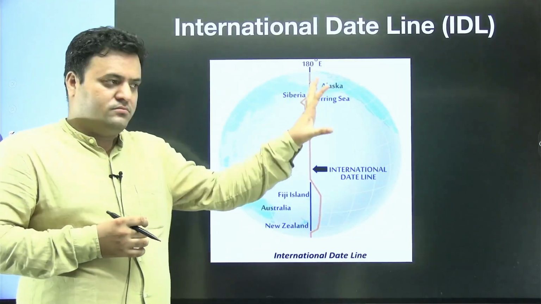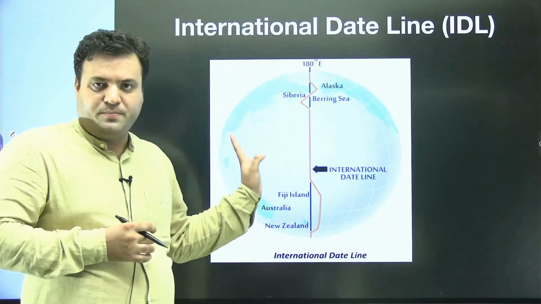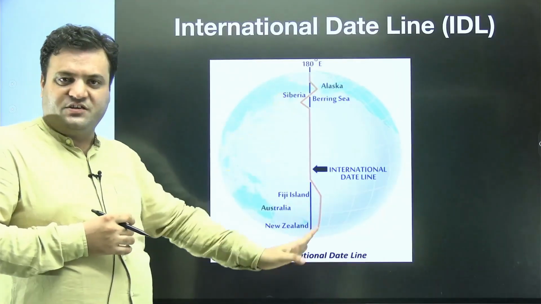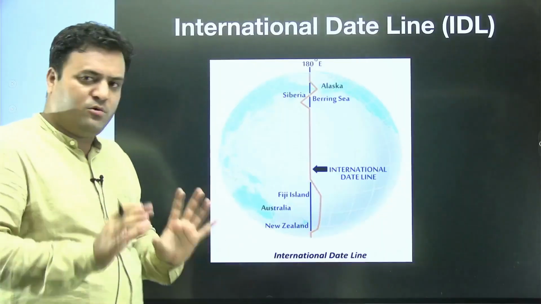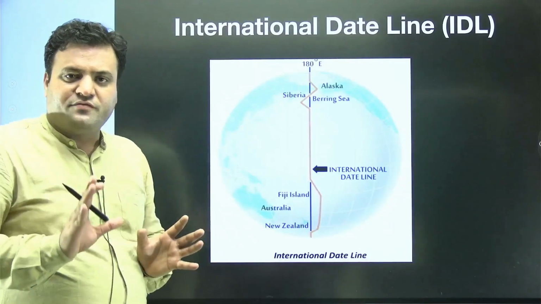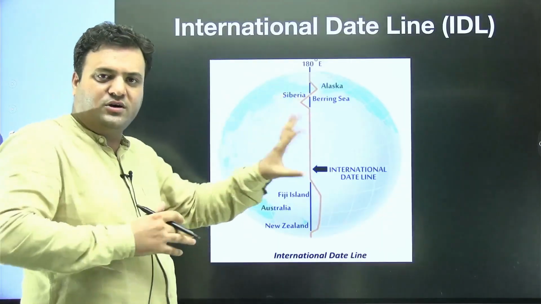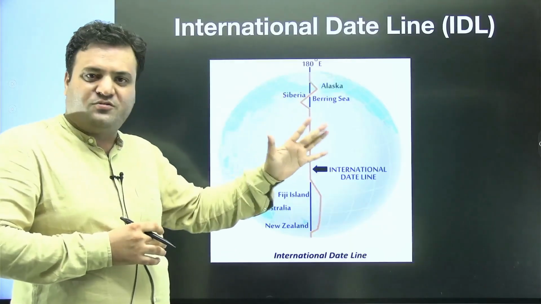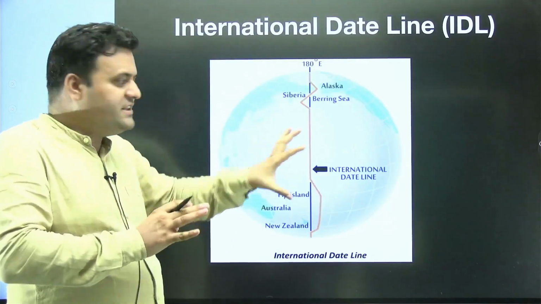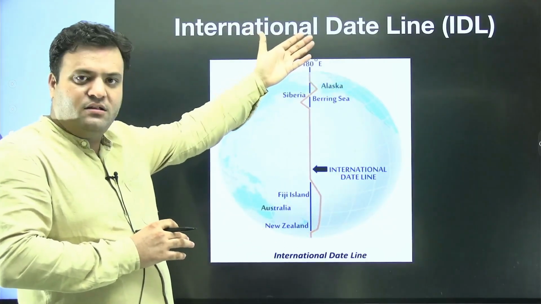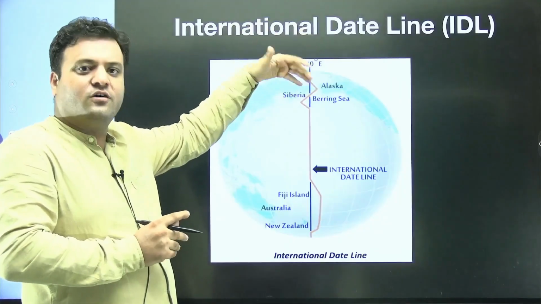Suppose we have an Earth shape and we have an arrangement in this way. We have 180 degrees. This is what we are referring to as the International Dateline. Now, just take a reference of the circle of illumination. I hope you remember. This part is exposed towards the sun, so we have the day part, and behind this we have the darkness, or let's say the night.